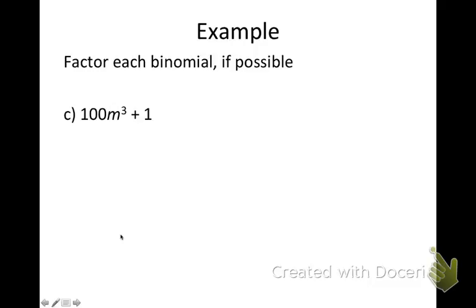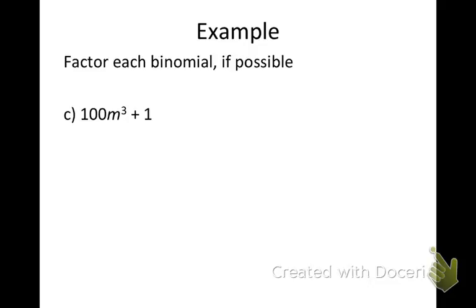100m to the third plus 1. Is there a GCF that we can factor out? Nope. Difference of squares? Nope, there's a plus sign there. So is it a sum of cubes? Yes, it is, because the cube root of 1 is 1. Oh, no, it's not, because 100 is not a perfect cube.